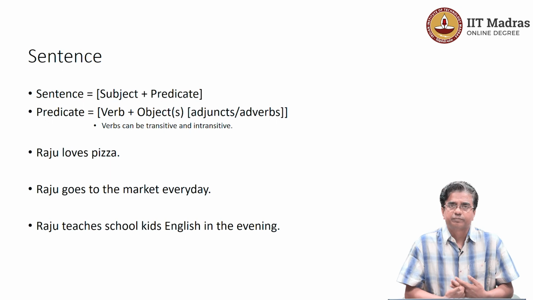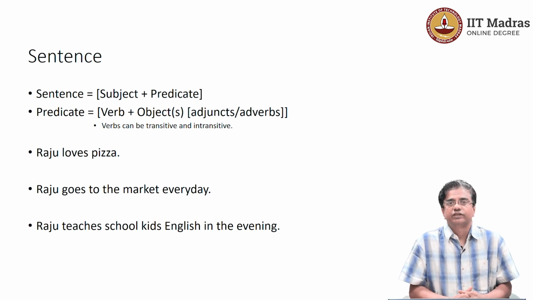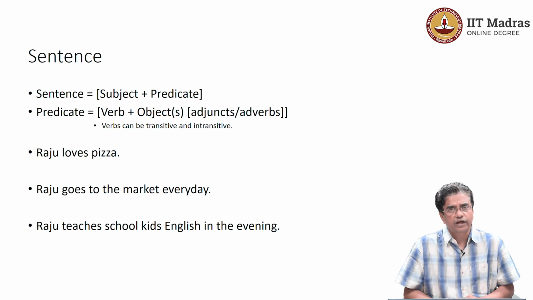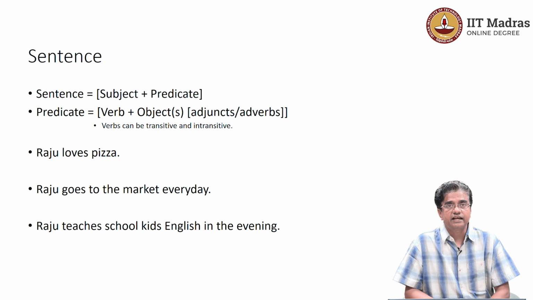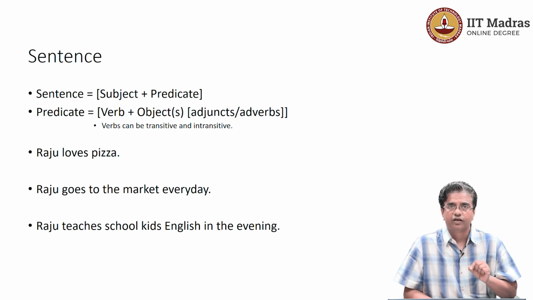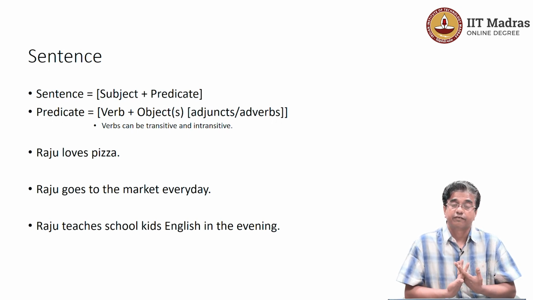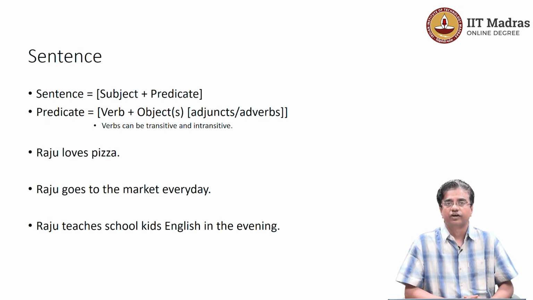We use the word predicate interchangeably with verbs. It's okay in some sense, because when we say predicate, we mean everything else other than the subject in the sentence. And when we say verb, we mean that every part of the predicate is associated with the verb, in the sense that if a predicate has an object, that depends on the transitive nature of the verb.